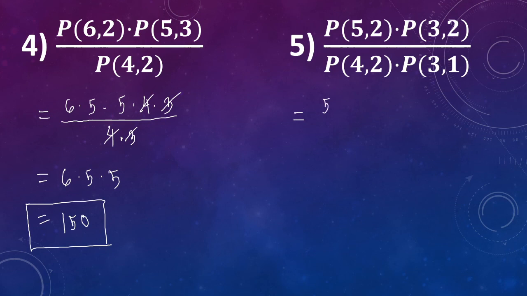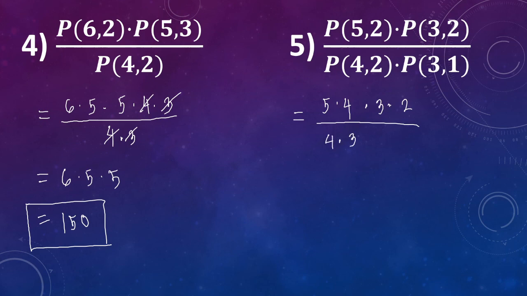So 5 times 4 times ito namang permutation of 3 taken 2 at a time can be considered as 2 consecutive factors also starting with 3. So 3 times 2 over yung nasa baba, itong permutation of 4 taken 2 at a time can be considered as 2 consecutive factors starting with 4. So 4 times 3.